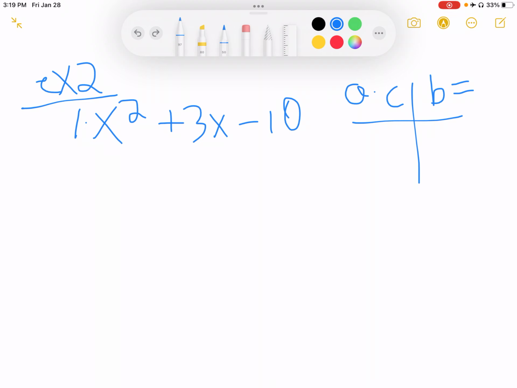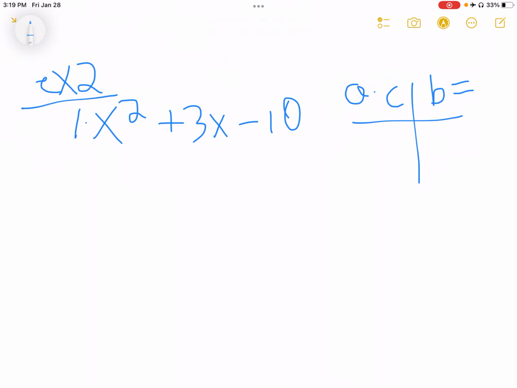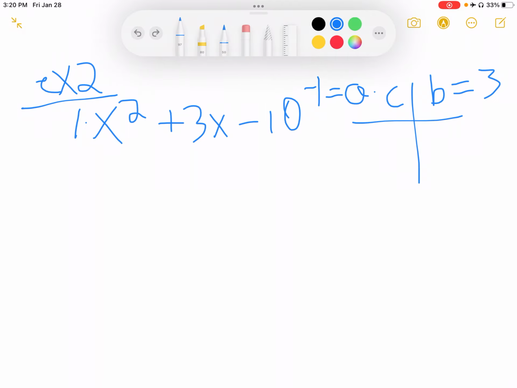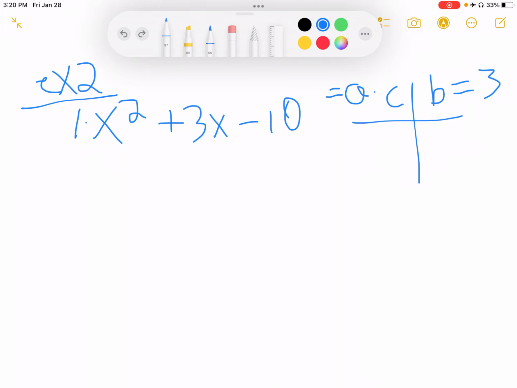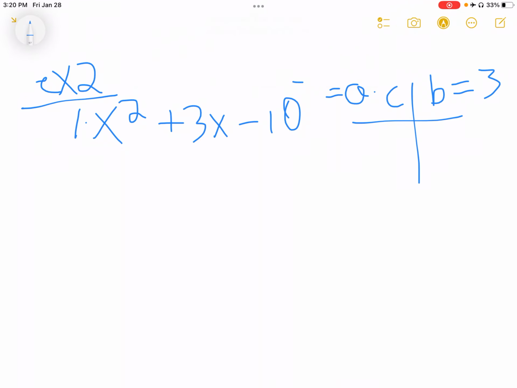B is equal to 3, and A times C is equal to minus 10. Okay. So if you have paper, you can give yourself a little more room, right? And then you can think of it again, right? Multiplies to, and then adds to.